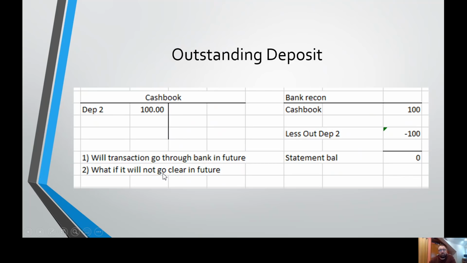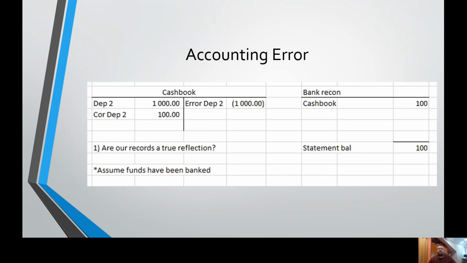There's a bit of a grammar error there, but basically what happens the moment we know that this 100 Rand will never be banked in future? Then, same as the stale check, we have to enter a transaction on the credit side to reverse it. Okay, so the first rule is add outstanding checks. Second rule is decrease with outstanding deposits.